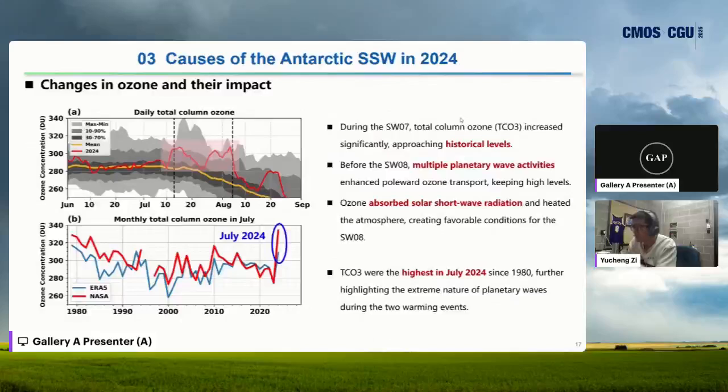It's interesting in panel B, which is the time series of monthly TCO3 in July from different datasets, ERA5 and MERRA-2. We can see TCO3 is highest in July 2024 since 1980, further highlighting the extreme nature of planetary waves during these two SSW events.